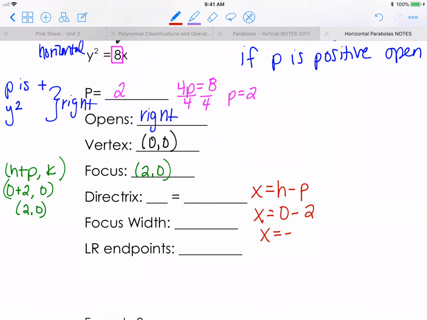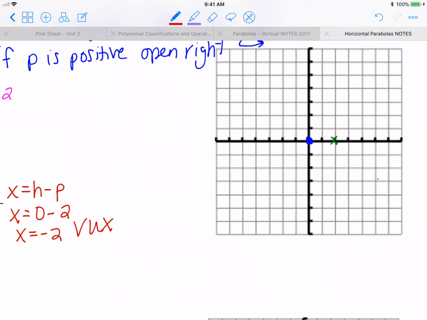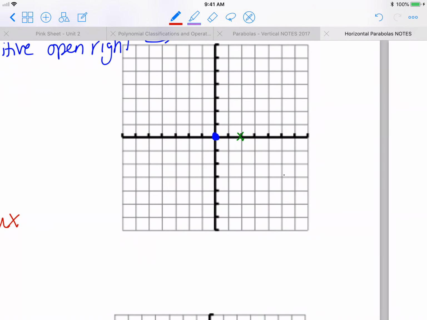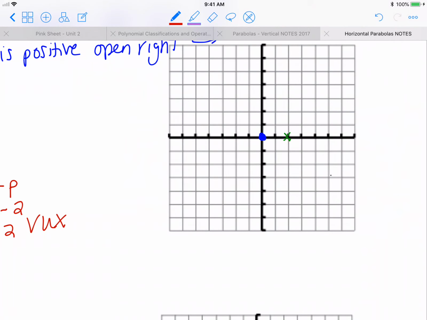So we're going to get x is equal to negative 2. Now this is a vertical line, so that means we're going to have a line at x equals negative 2. So on your x-axis, go over to negative 2, and we're going to draw our dashed line, our vertical dashed line.